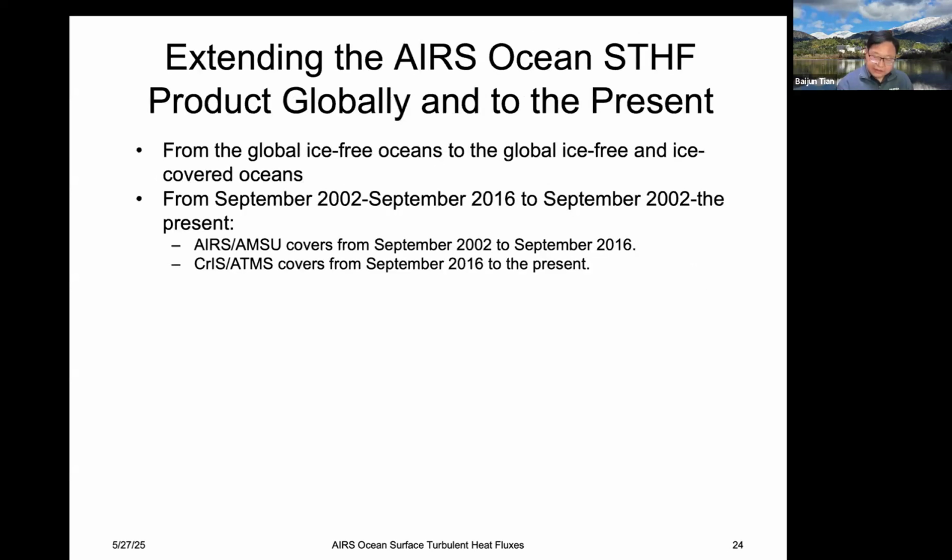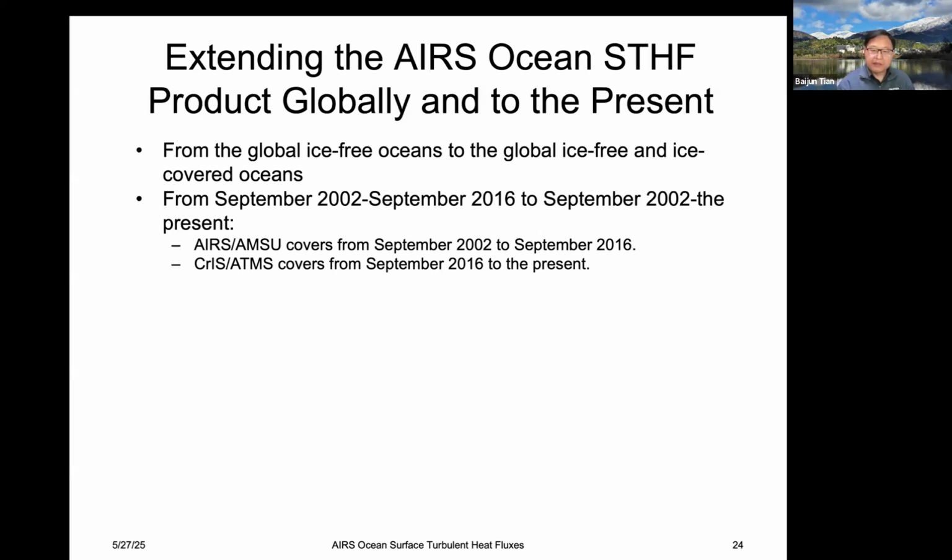And since this data stops at September, we can extend the data to the present using the CrIS and ATMS data from the NOAA satellites, because different instruments from the NOAA satellites can extend it forward.